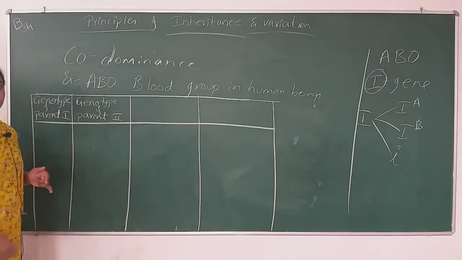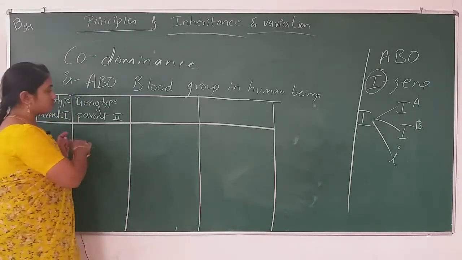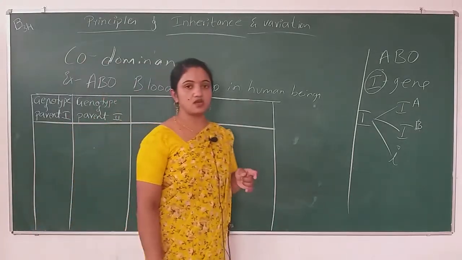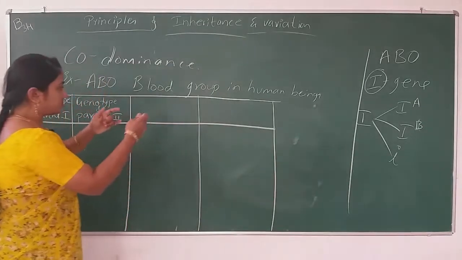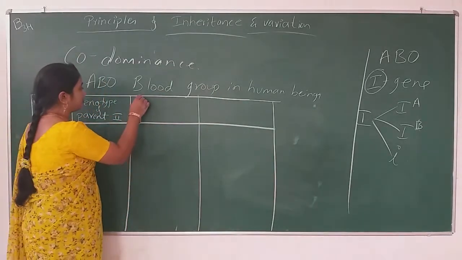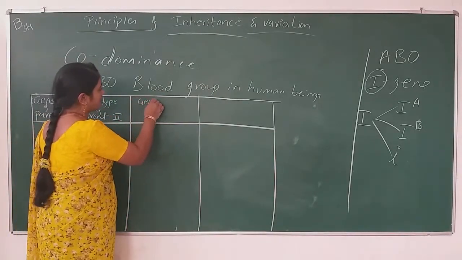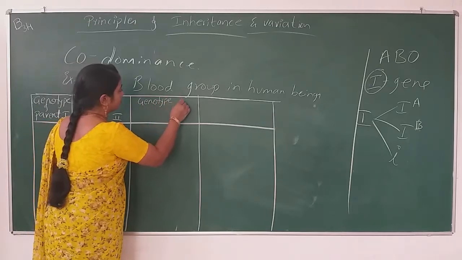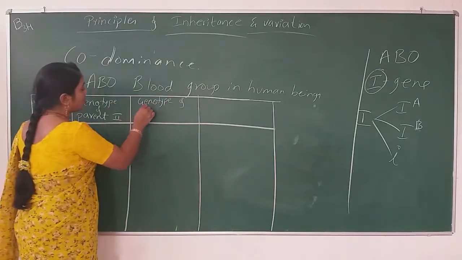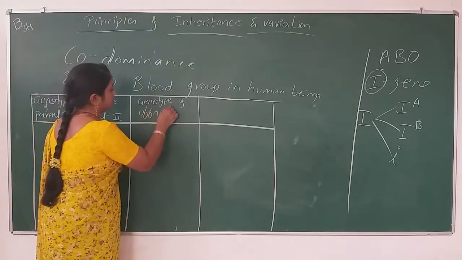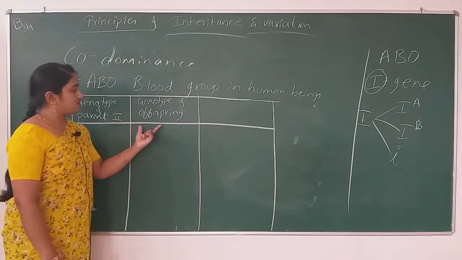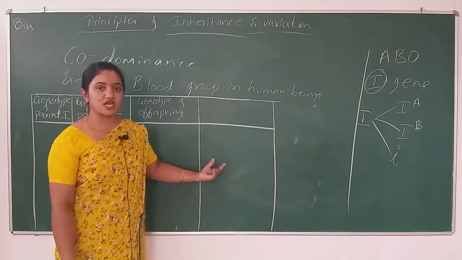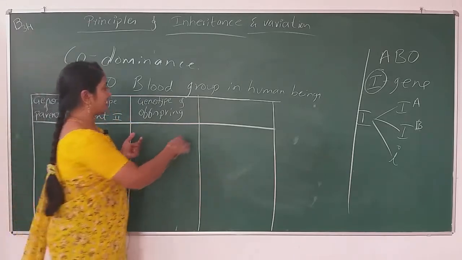So these are the possibilities I am writing here so that you can check what the offspring's blood group genotype and phenotype will be. In the third column I am writing the genotype of the offspring. If they both get married, what type of blood group will the children have.